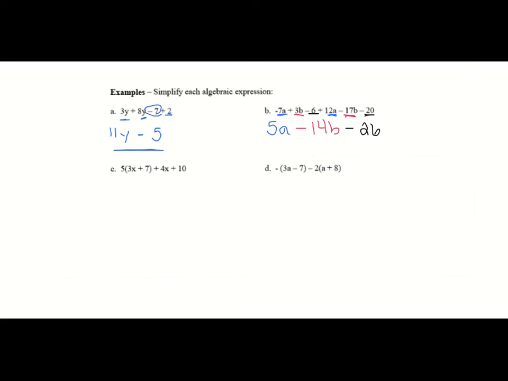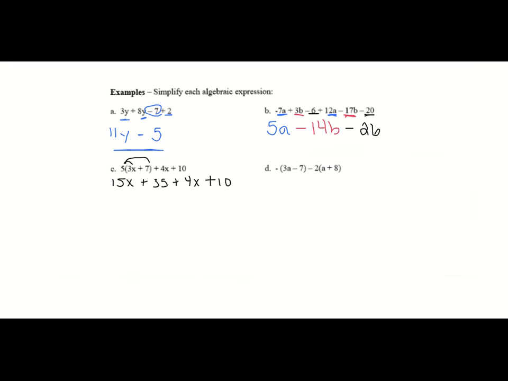All right, let's see here. Our next one. For this one, we first want to distribute. If you have the distributive property in there, before you combine like terms, distribute. So 5 times 3x will give me 15x. Plus 5 times 7 is 35. And then I have my plus 4x and plus 10.